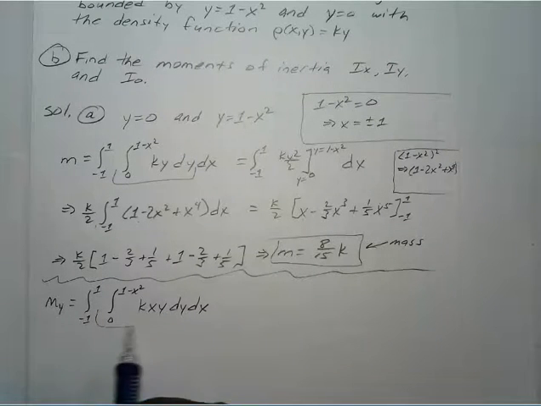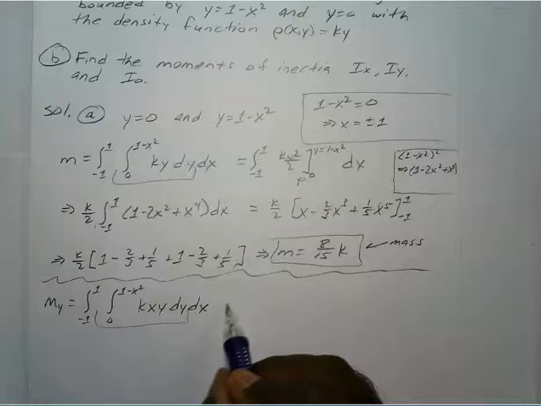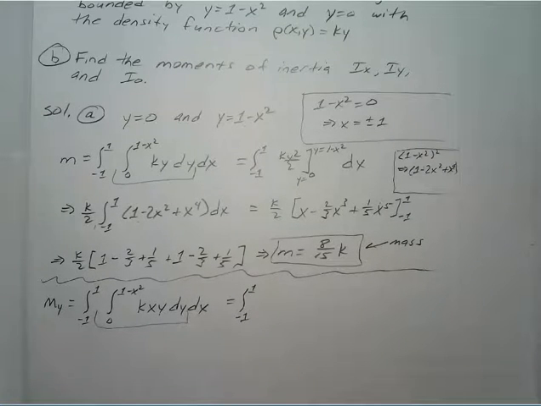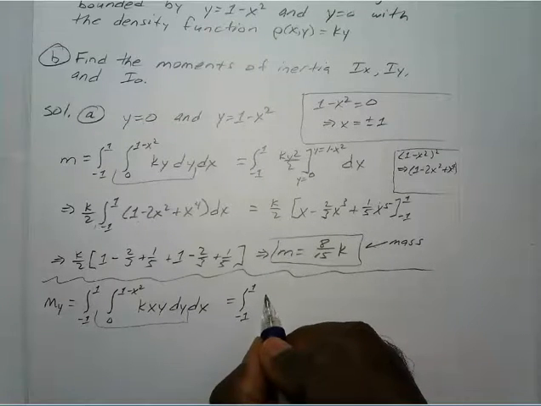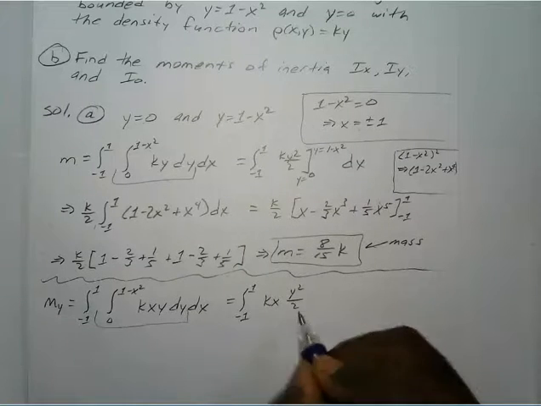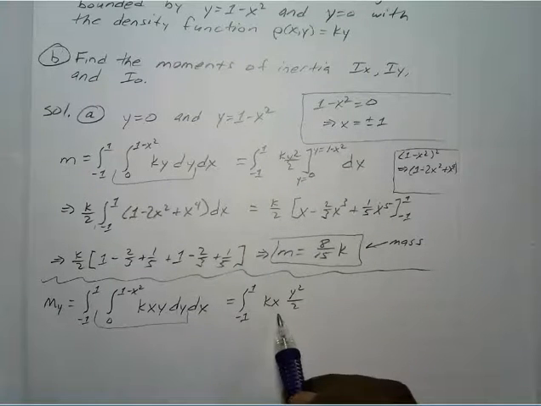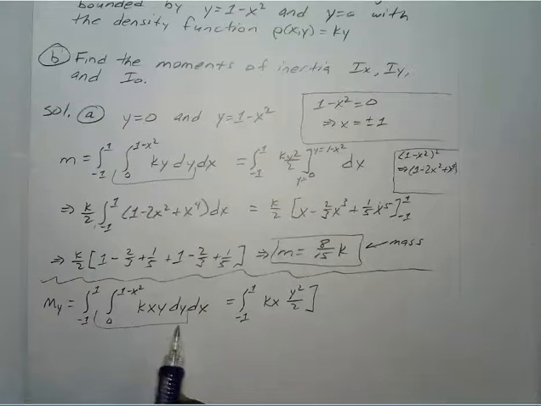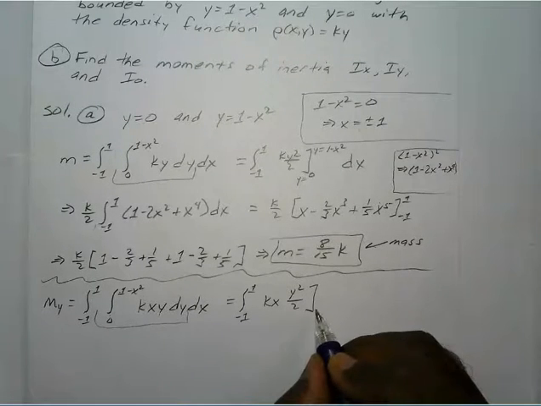And if we integrate the center, from -1 to 1, with respect to y, that's kx times y squared over 2, from y equals 0 to 1 minus x squared.